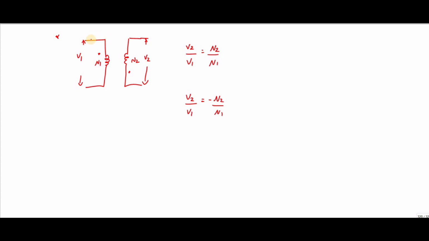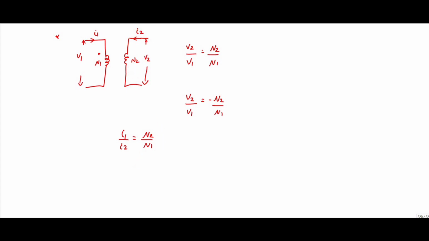The next condition is the first current is I1 and this is I2. Here you can see one current is entering and another current is leaving. If that is the case, I can write I1 by I2 is equal to N2 by N1.